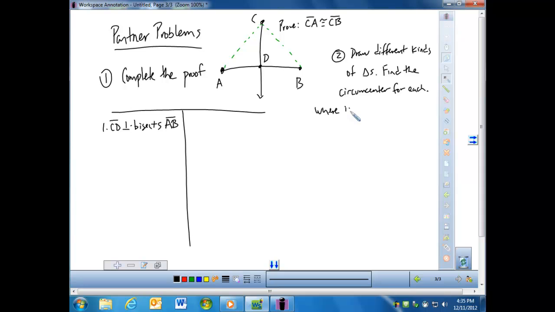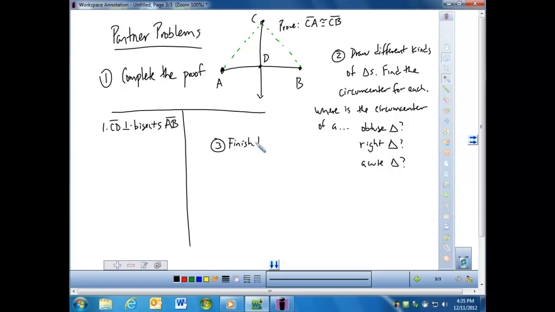Then I would like you, to the best of your abilities, to draw in a perpendicular bisector for each of the sides of those triangles. So you'll have your 3 perpendicular bisectors of your triangles. And I would like you to discover where the circumcenter is for each of those, making note of that so that when you do your project, you'll be able to know that you're in the right spot.